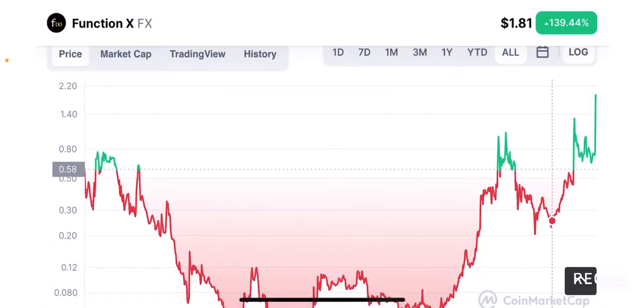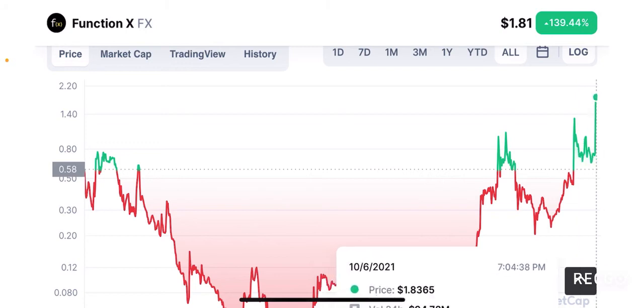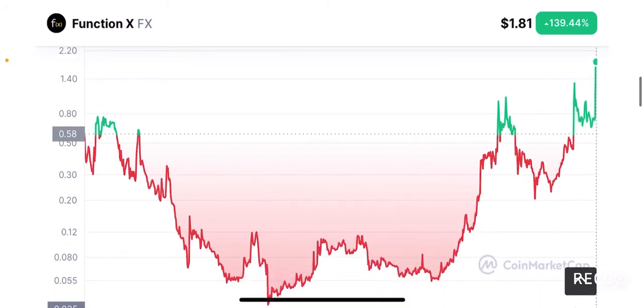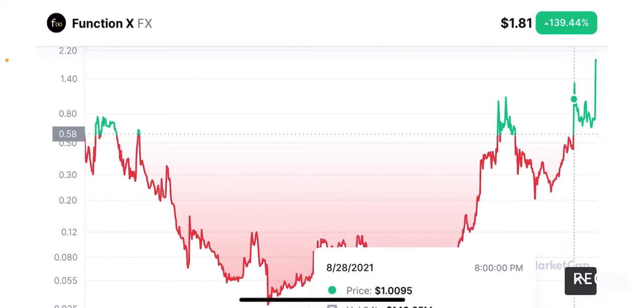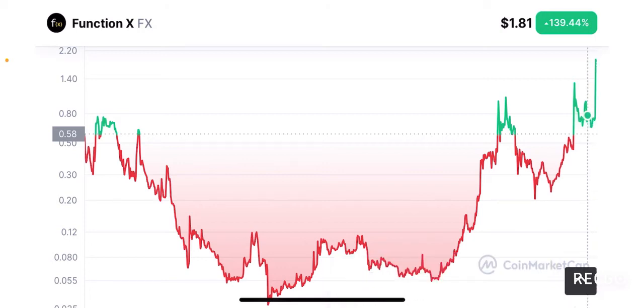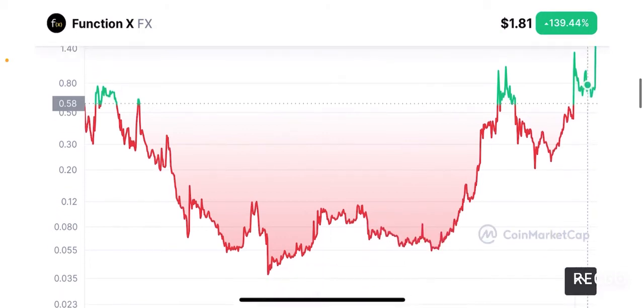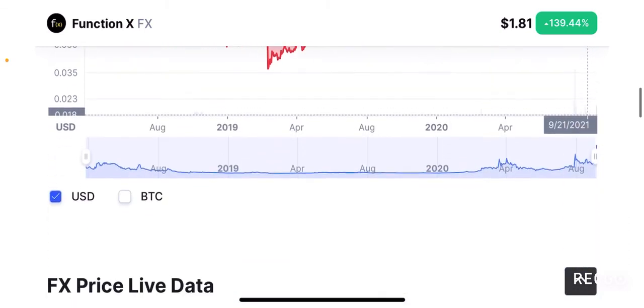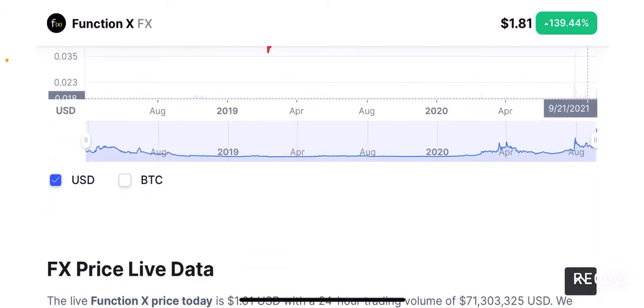You have to probably wait till the token goes below the 50 to 60 cent range, which will happen because this token has been making two subsequent new all-time highs back to back, and it's only going to be a matter of time before this starts crashing down, and that's going to be the price when you would have to buy in, right? So 50 to 60 cents is the best price to get in. Again, not financial advice.